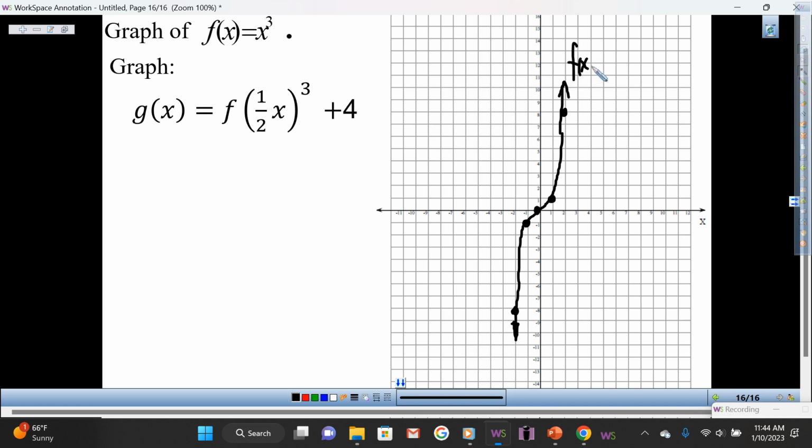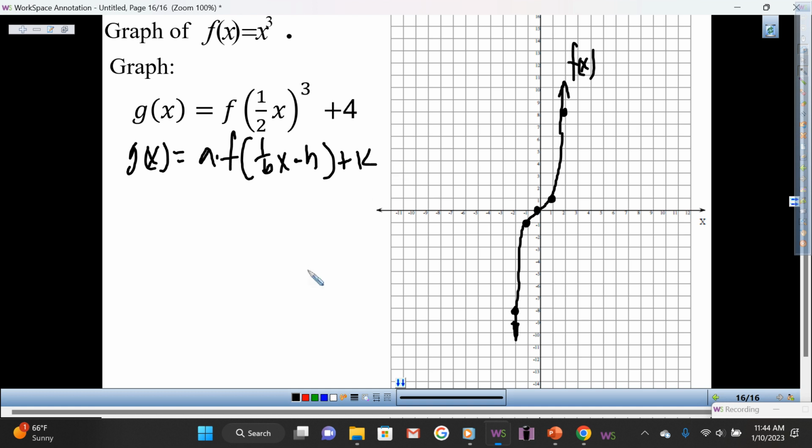And that is f of x. Next, you wrote the general rule underneath. g of x equals a times f of 1 over b x minus h, plus k.